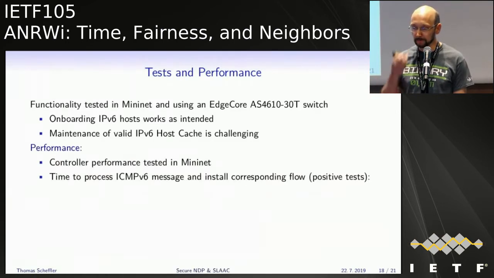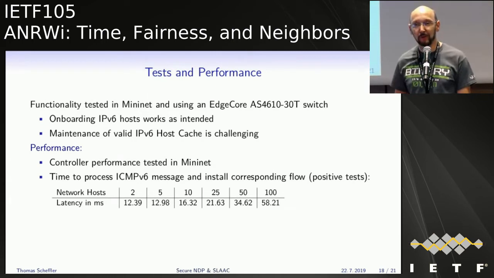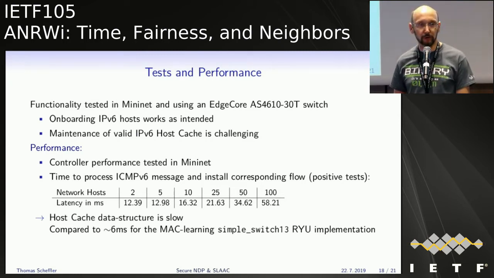We also tested some performance issues with this, because now we are in the packet path, and whenever we need to process something, it potentially takes some time. We found that it takes some time, mainly due to the fact that we have a non-optimized host cache data structure.